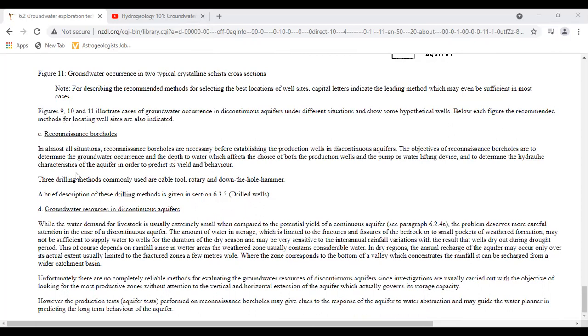Here, guys, reconnaissance boreholes. In almost all situations, reconnaissance boreholes are necessary before establishing the production wells in discontinuous aquifers.